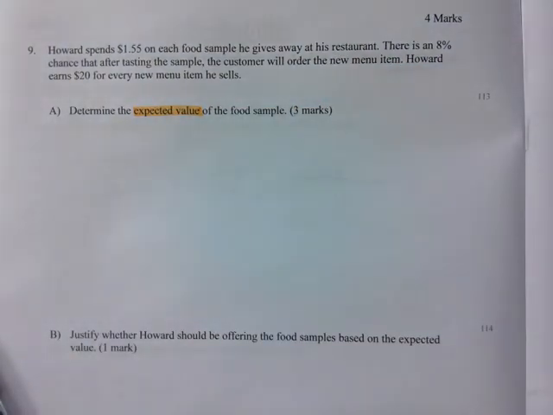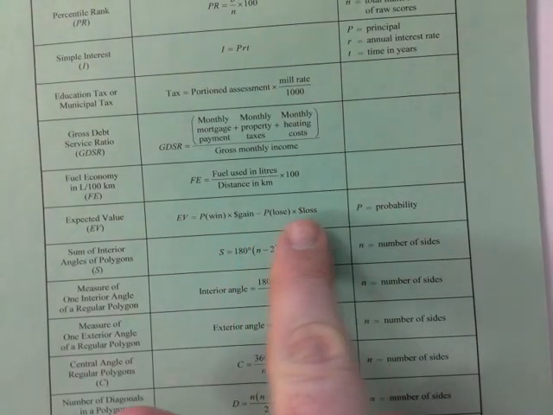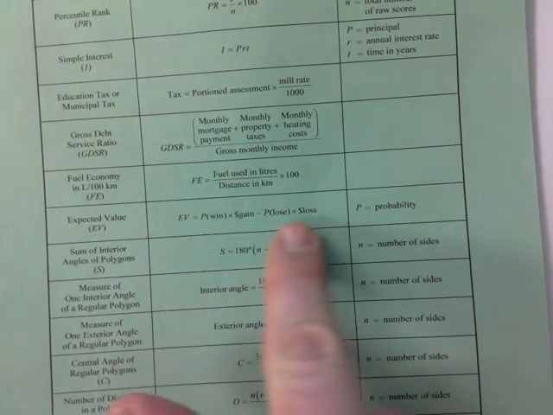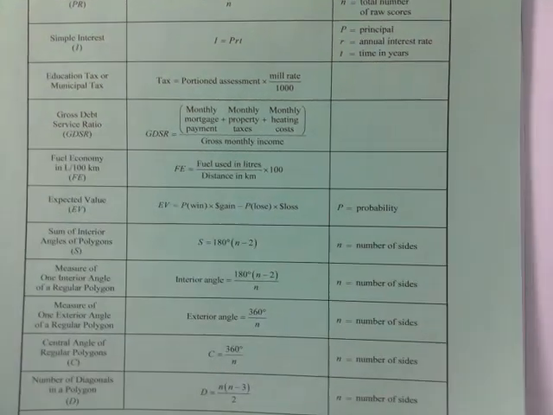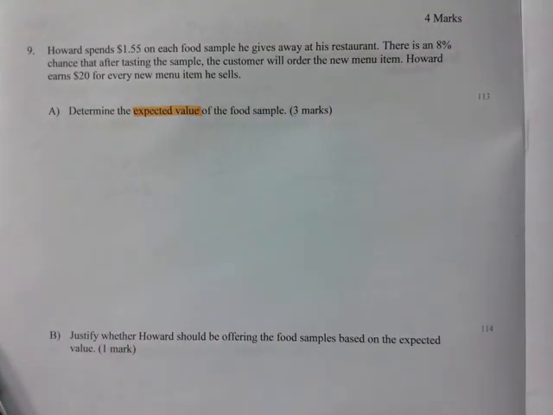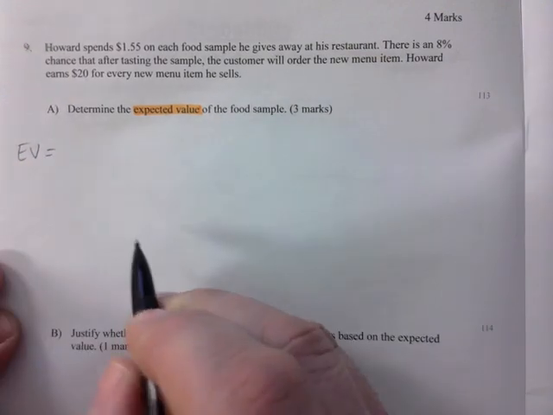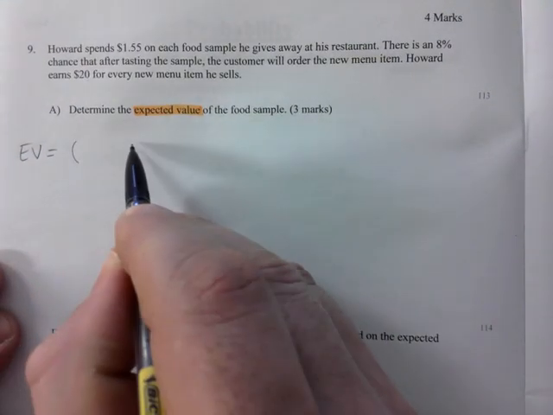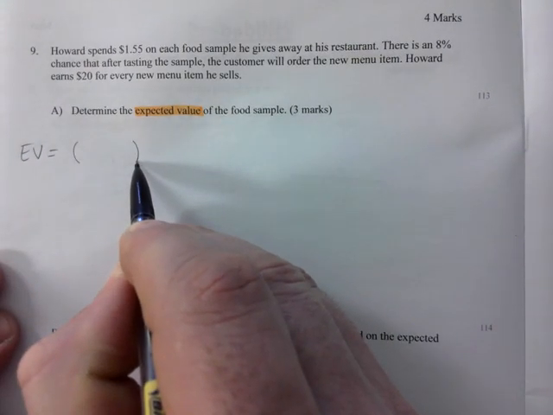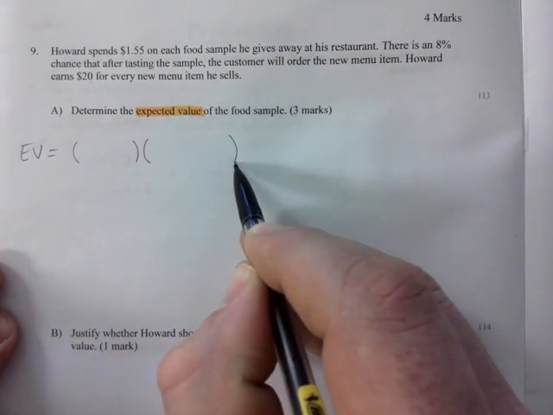That should tell you something of the food sample. Let me see, is the expected value on this? Yes. But I don't like this formula. I do not like it. Okay? But that's in essence what we're going to use here. So expected value. Write this down. I'm going to have a probability there times some sort of gain.